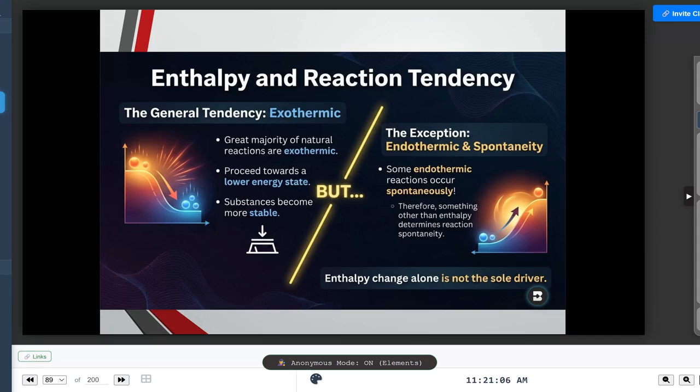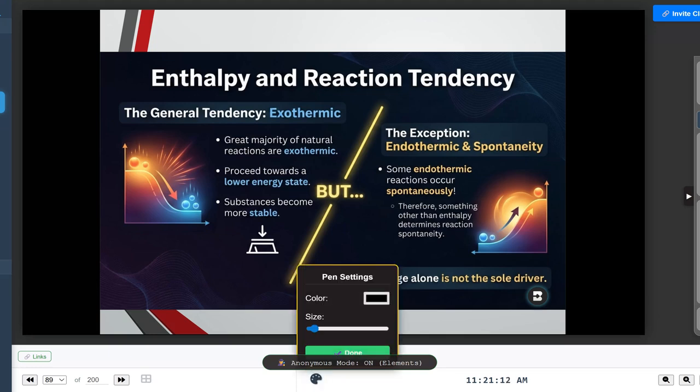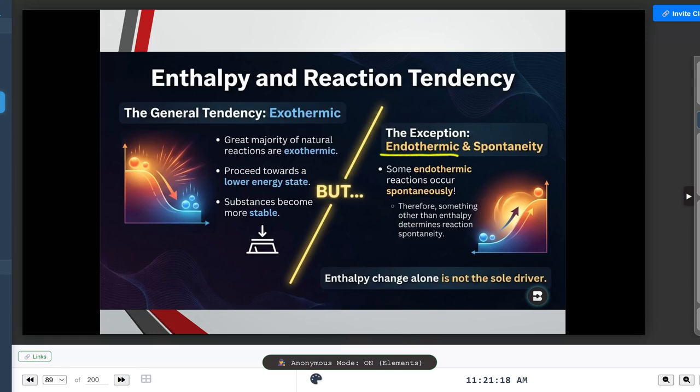And the exception to that, you can have reactions that are actually going to be endothermic naturally. Okay, in other words, we do this reaction and suddenly it feels cold. Like you can think of mixing certain things together, and you're like, oh, why does this feel cold? An ice pack.